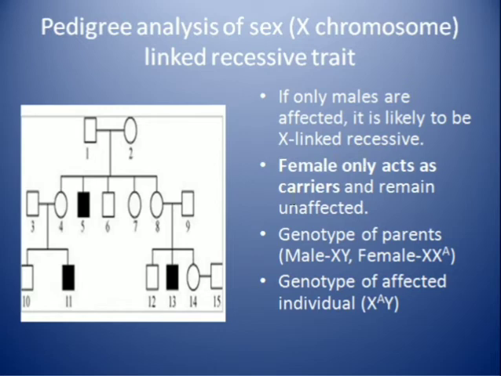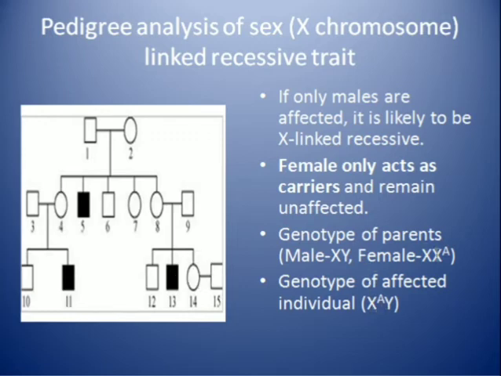Females only act as carriers and remain unaffected, because if you see the genotype of the parents, the female is the carrier, as you can see here, but because it has one normal X chromosome, this masks the effect of the other. And the parent male is normal, so here XY. But the affected males will have the genotype XAY.